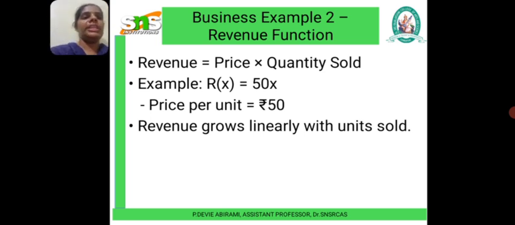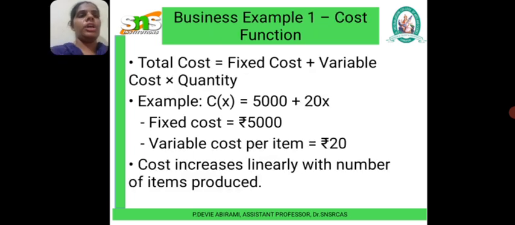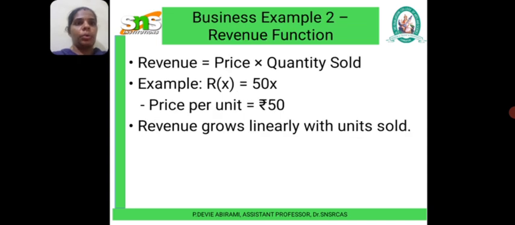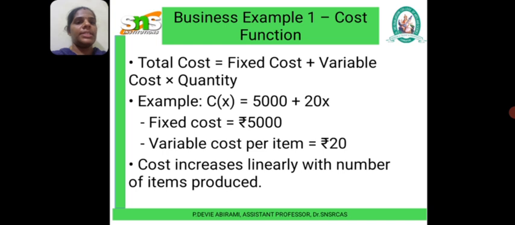Revenue grows linearly with units sold, whereas in the cost function, cost increases linearly with the number of items produced. Cost increases according to the number of items produced, whereas revenue grows linearly with the units sold, which depends on the selling price of that product, whereas the first example was based on the cost function.